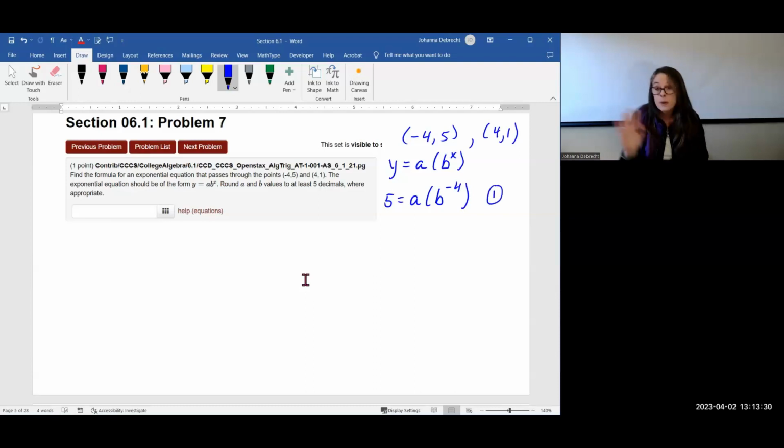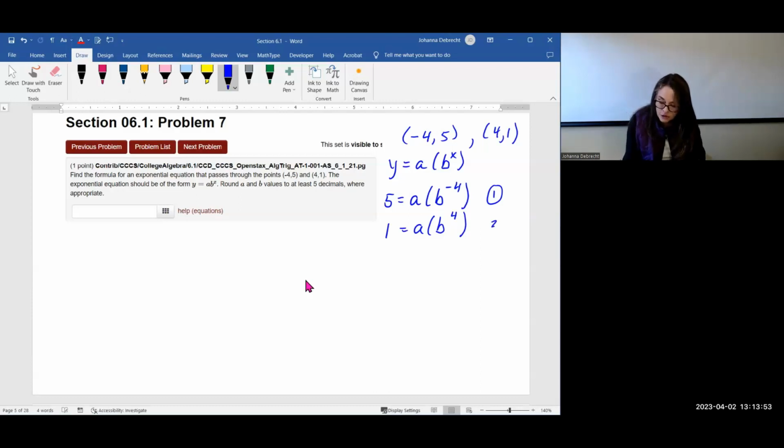So that's one exponential equation. We can call that equation 1 if we want to. And the other one, when y equals 1, then the power on b is 4. So I have 1 equals ab to the 4th. Now, looking at these two right here, I'm like, oh, I don't really know what to do with this.